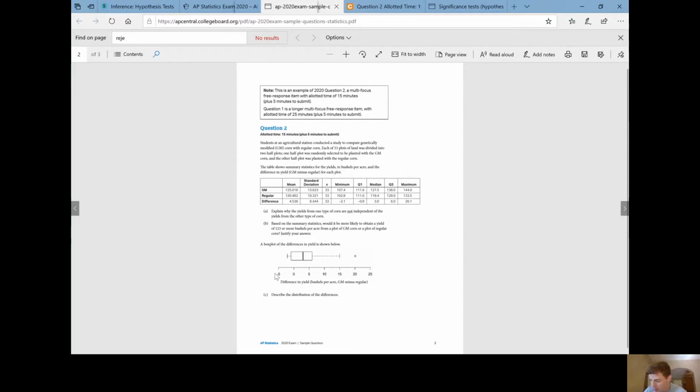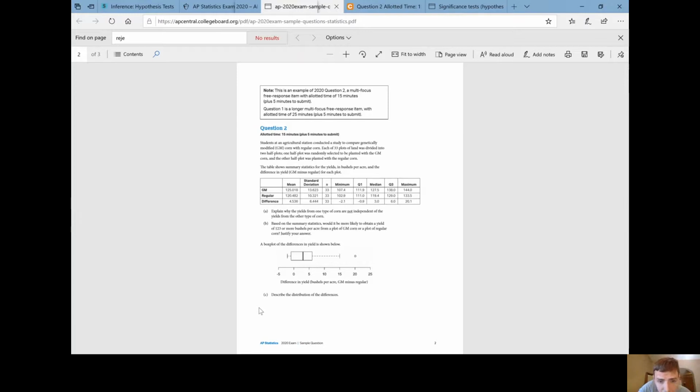So one of the things I can use to describe the distribution is that there are more positive results, meaning a higher genetically modified yield than a regular yield. So if I'm looking at this plot here, there are some values less than 0.